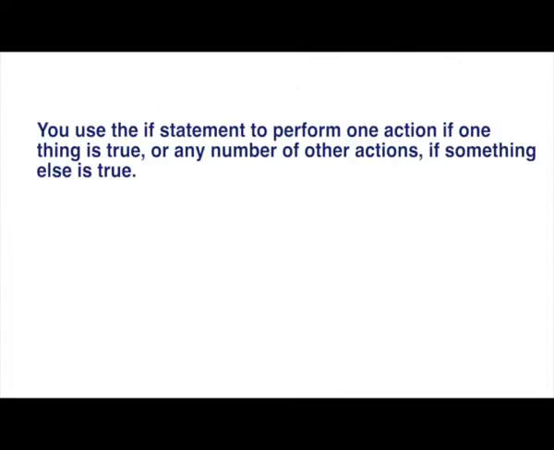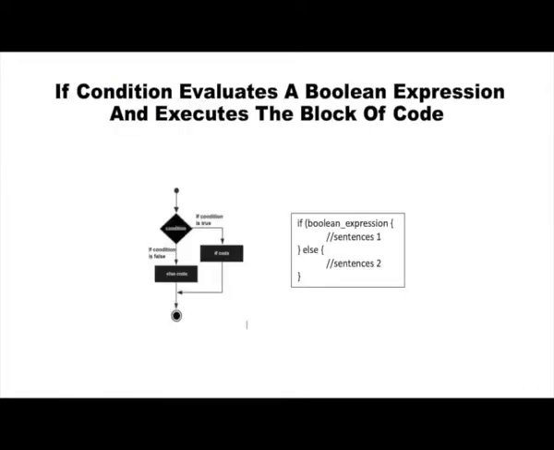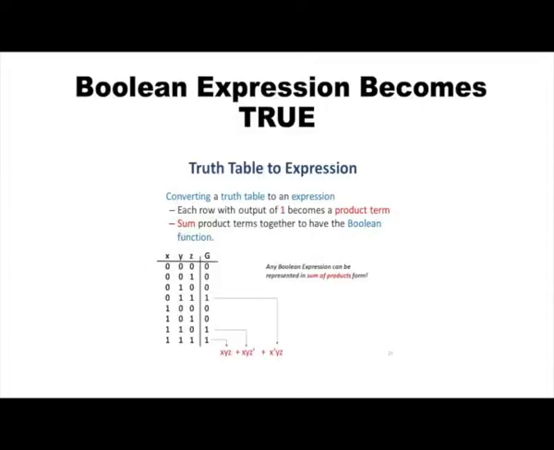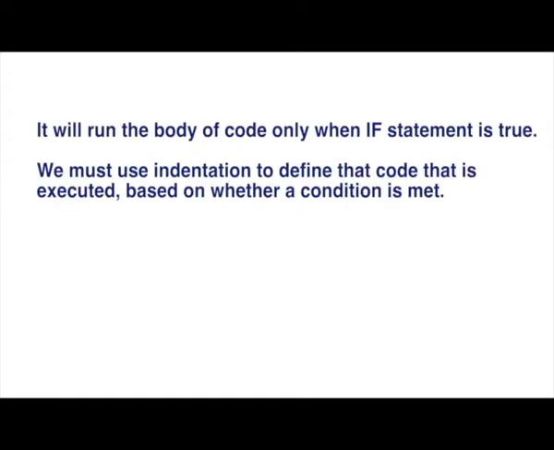You use the if statement to perform some action if one thing is true or any number of other actions if something else is true. The if condition evaluates a Boolean expression and executes the block of code only when the Boolean expression becomes true. It will run the body of the code only when the if statement is true.